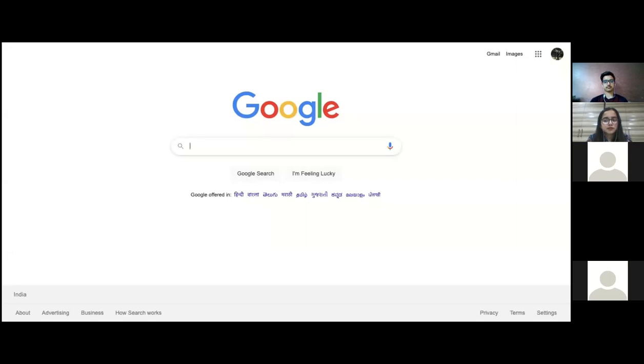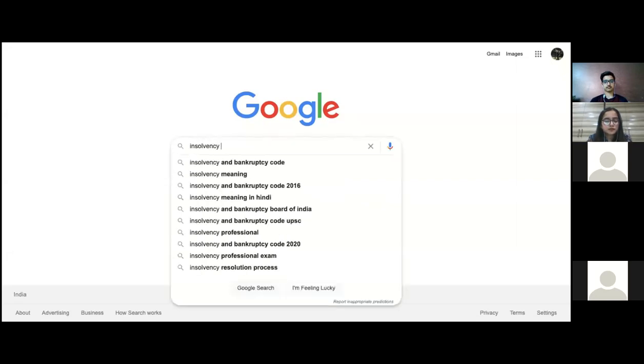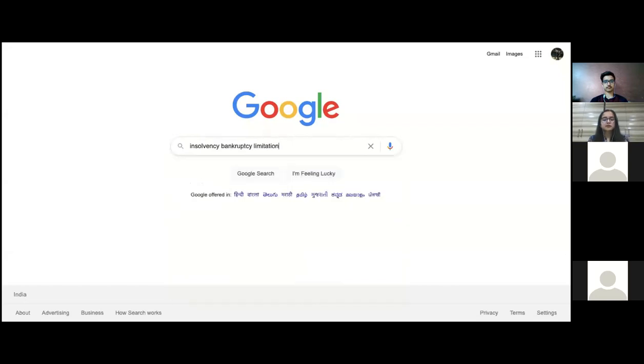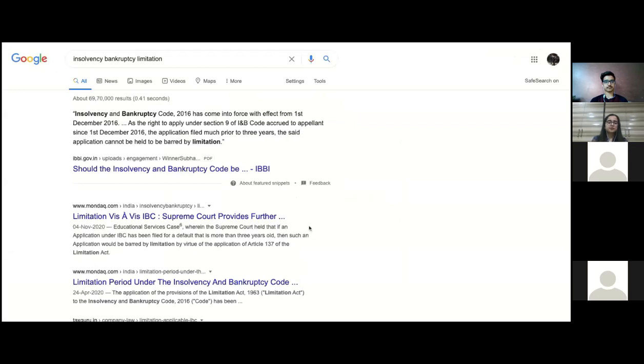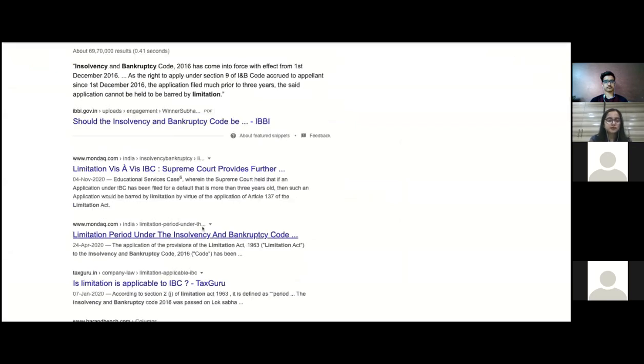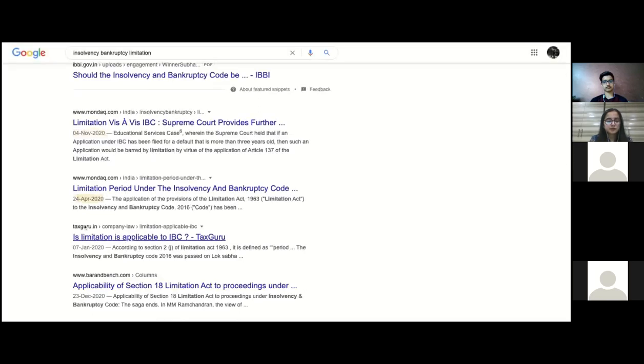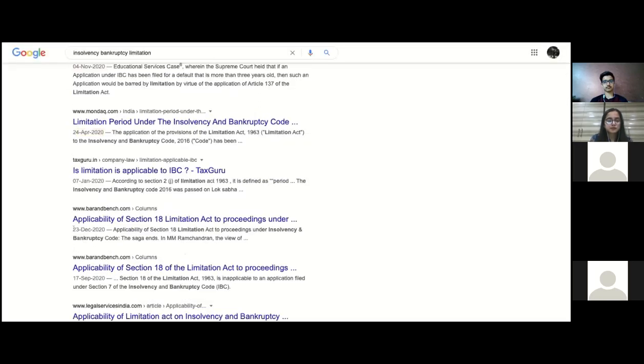So what I do is I type in insolvency bankruptcy limitation. Once I do that, you may see articles of November, April 2020, December 2020.